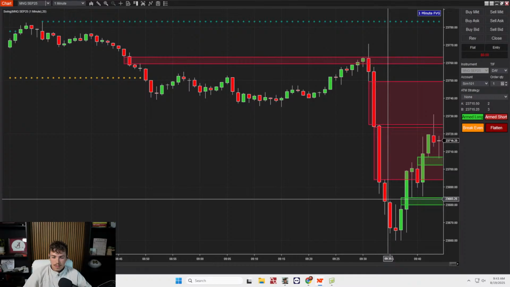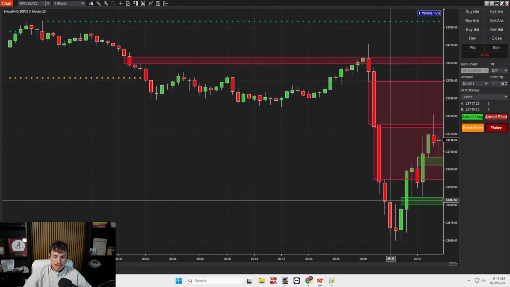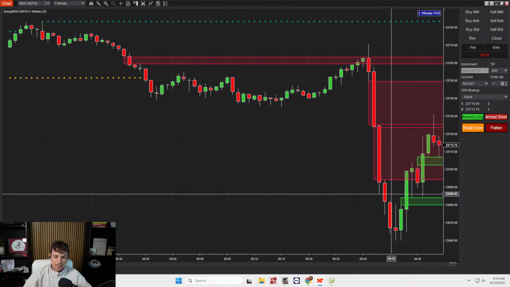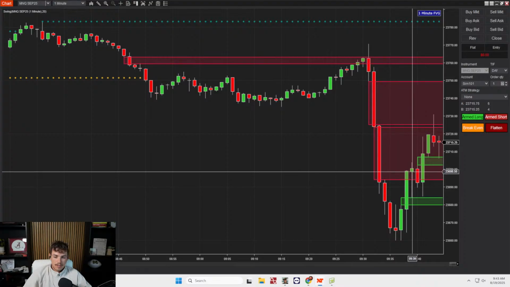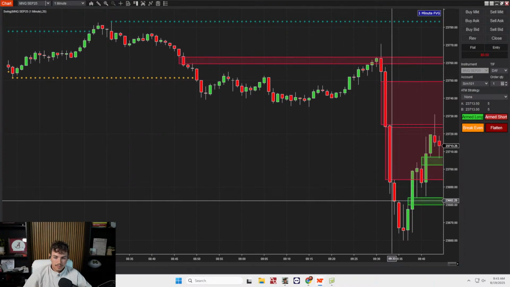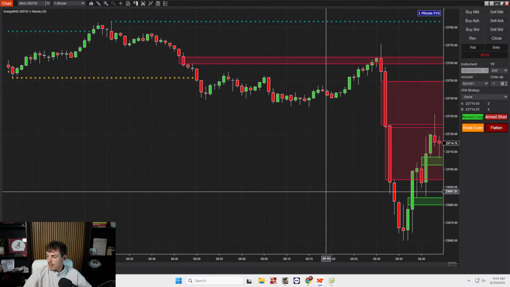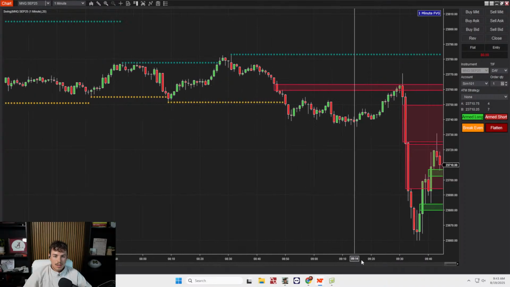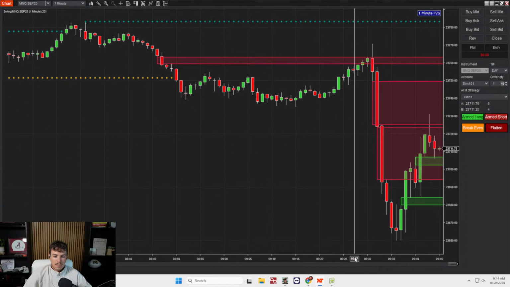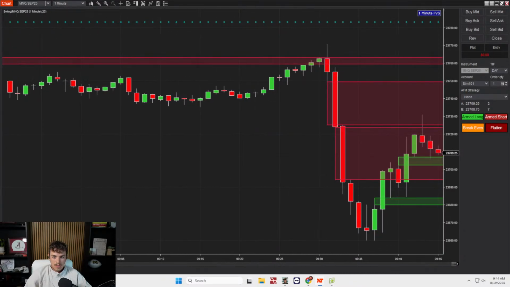This didn't mark it out because it's such a small gap, like a 3-point fair value gap. You can tweak it, but that's how I have it. It's just defaulted settings right now.